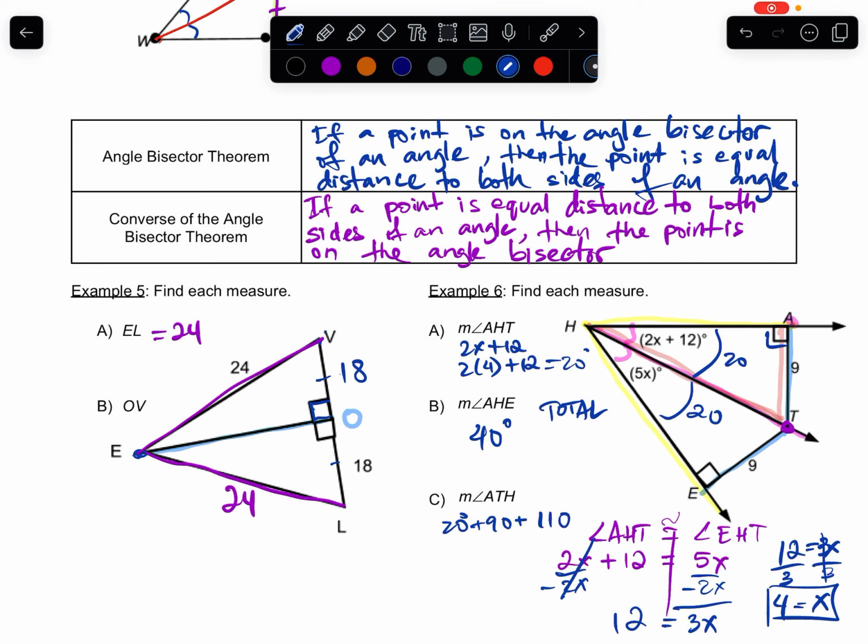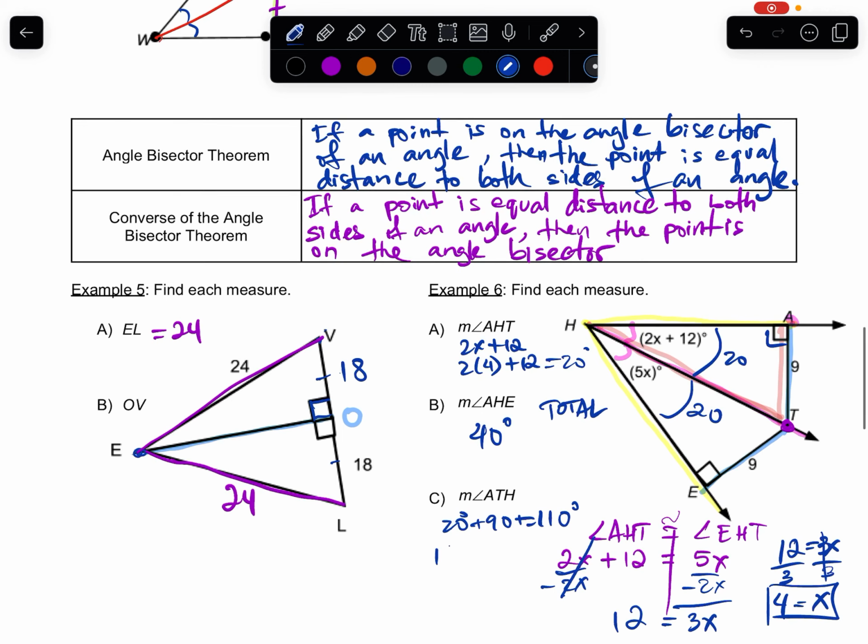Let's just add these two first. 90 plus 20 is equal to 110 degrees. So if I subtract that from 180, 180 minus 110, I get 70. This must be 70 degrees then. That's 70 inside here. So let me box this and box this.